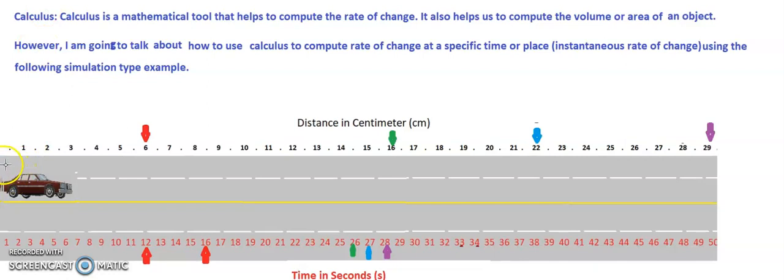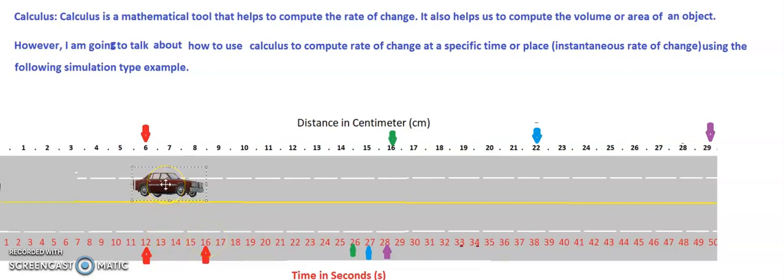I'm gonna grab this car. So this car is gonna move at a constant speed all the way to 6 centimeter. Now it's gonna stop for 4 seconds. 1, 2, 3, 4.